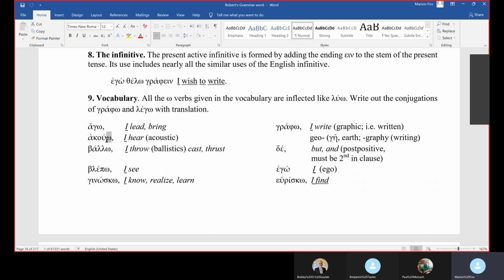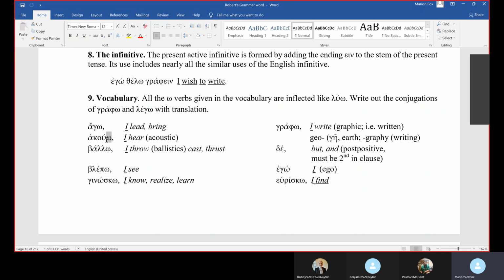If we want to make it third person singular, the omega will become epsilon iota, and that would be he hears, or she, or it hears. And so we'd make that third person singular. If we want to make it second person singular, the omega will become epsilon iota sigma, akueis, you hear.